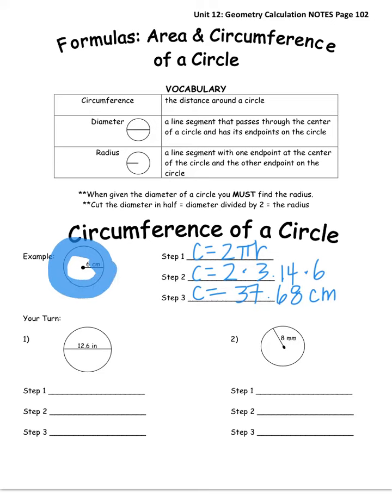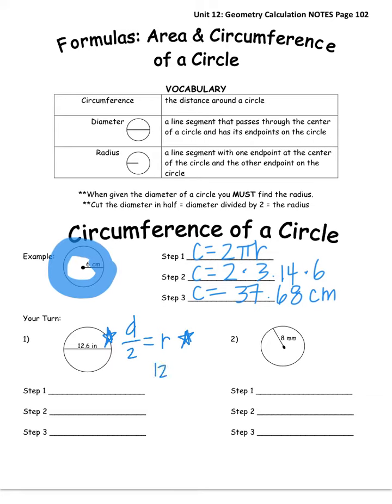Okay, so this time be really careful with number 1. The diameter is 12.6. To get the radius, we want to do diameter divided by 2. You could also use the formula pi times diameter, but we'll just go with this.